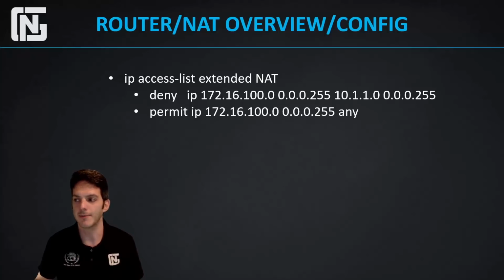The reason why you need an extended ACL is because this first line in the syntax is deny IP 172.16.100.0/24 to 10.1.1.0/24. That's telling the router, do not NAT if the source and destination match on this ACL, which means that the source is 172.16.100 something, and the destination is 10.1.1.